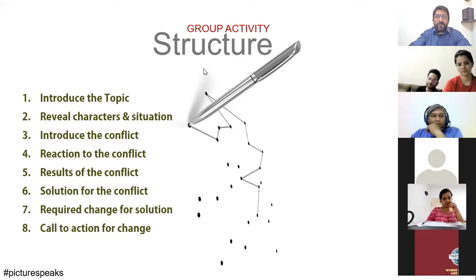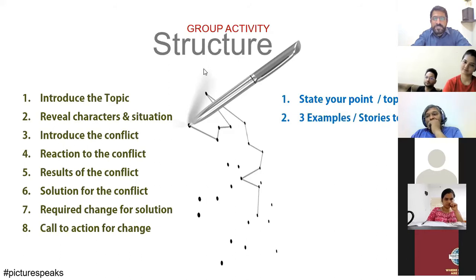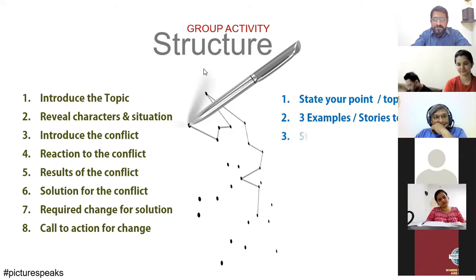This is where you are following a very structured way for your speech. And there is a second way: state your point or topic. Say 3 examples, 3 different stories or 3 anecdotes, to support the point that you have made. Towards the end, bring back that point which you made, and reiterate the topic.